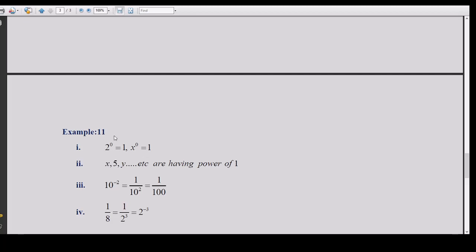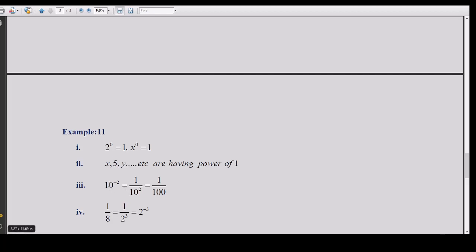Remember, 2 to the power 0 is 1, but 2 to the power 1 is 2, x power 1 is x only, 5 to the power 1 is 5 only. The power is not showing here, but you should consider that all these have a power of 1. Clear? Because if y has power 0, then it becomes 1.